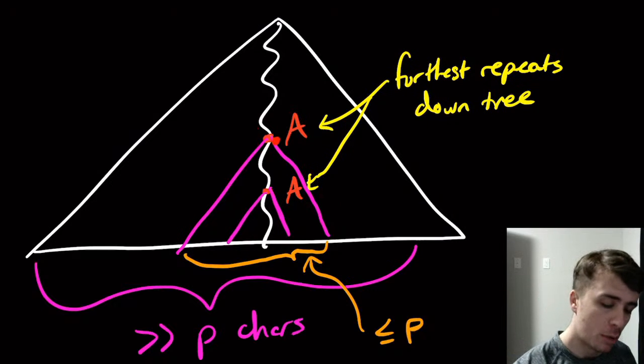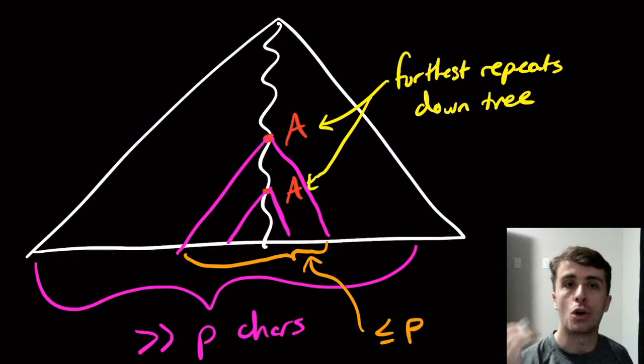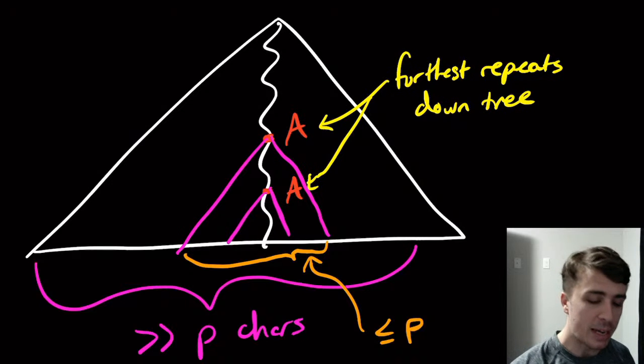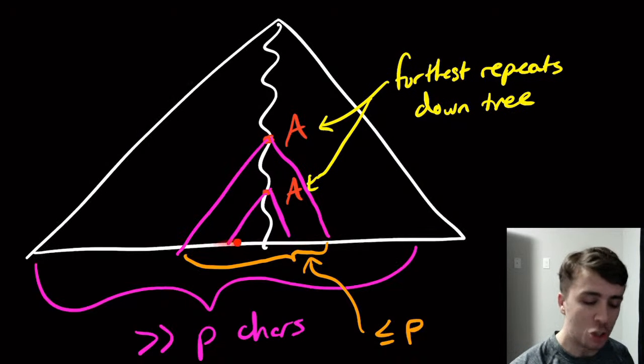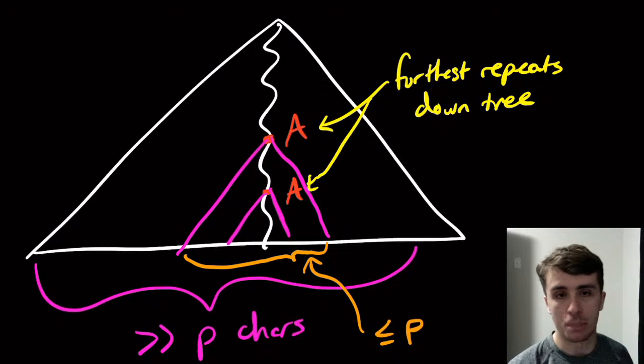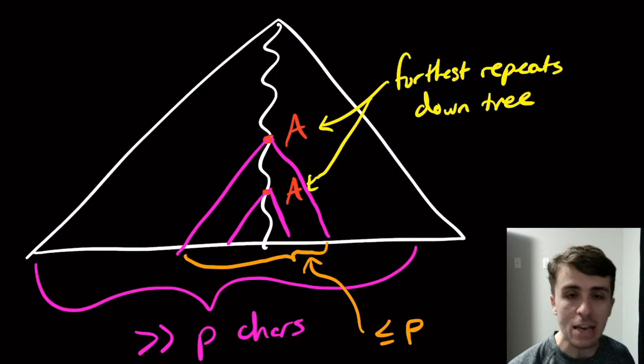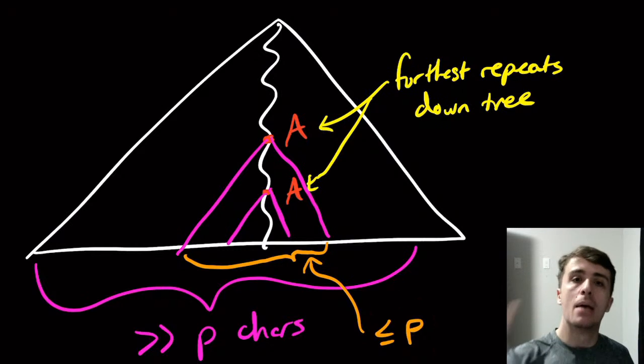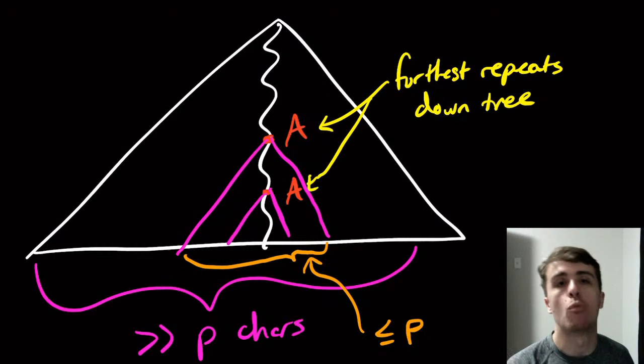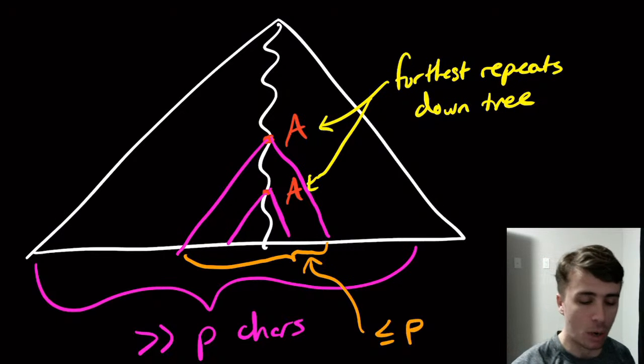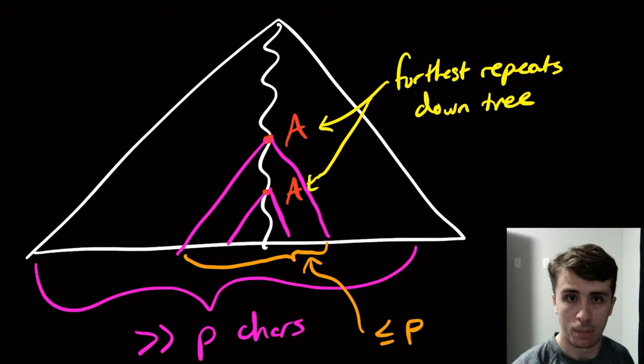Even if these two occurrences of A are pretty far away, as long as they're the furthest ones down, we can guarantee that what is generated there is less than or equal to P characters, which is the threshold to cause a repetition. If it was exactly equal to P, we can guarantee that there is. But it could be that they're really close to the bottom, in which case they could be way less than P characters. But it can't necessarily be more because they're the furthest ones down.